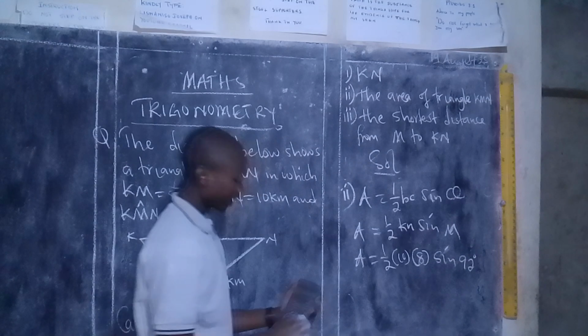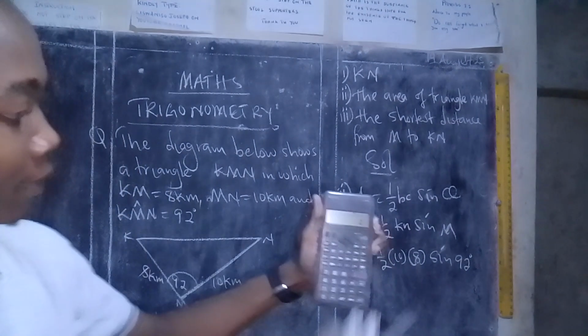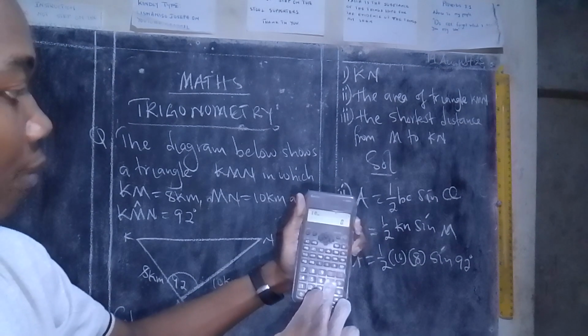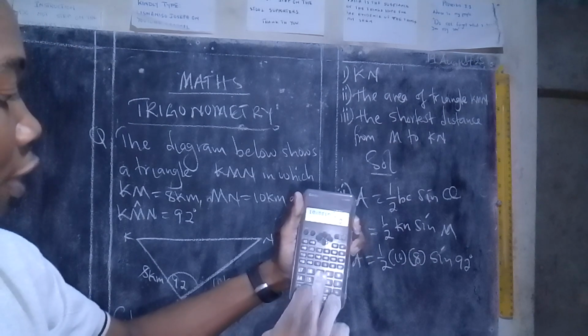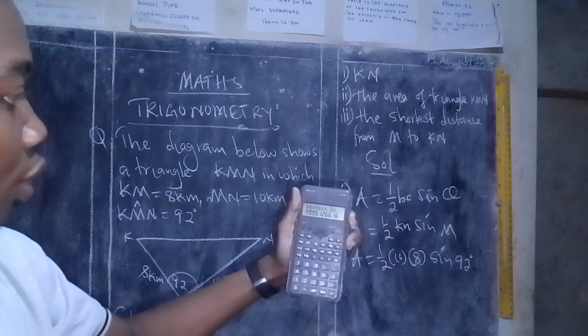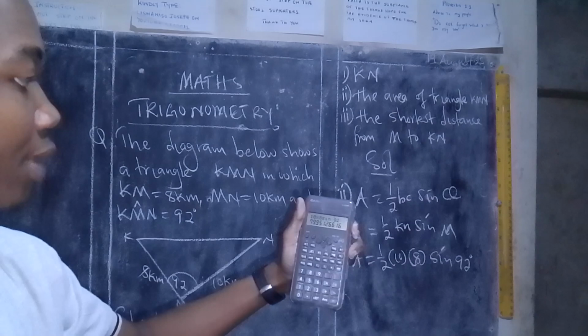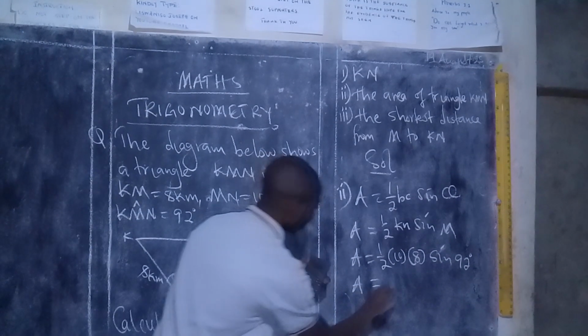Then we can punch everything into the calculator. That is 10 times 8 sin 92, which will give us 79.95126616.